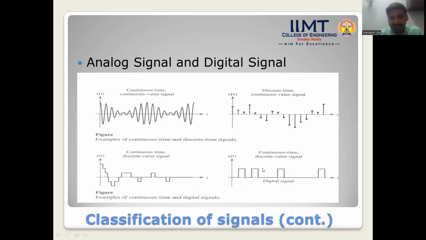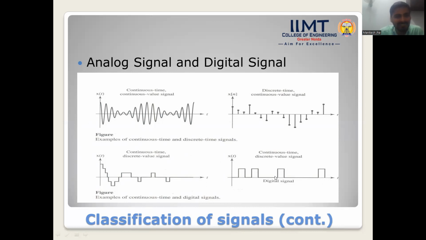The third one is digital. The last signal is the digital signal. Sometimes we get confused between discrete and digital. There is one difference between the discrete time signal and the digital signal. In a discrete time signal, amplitude as well as time, both are discrete in nature.